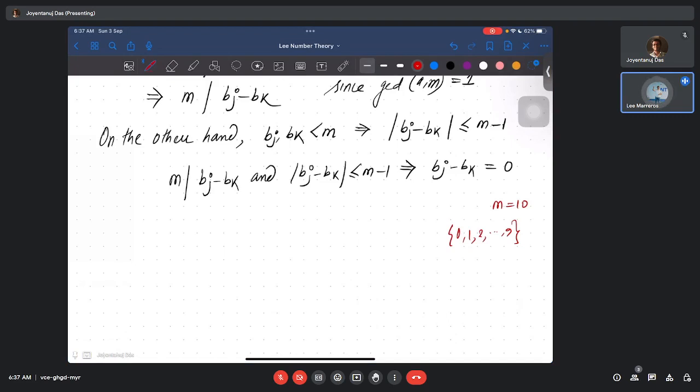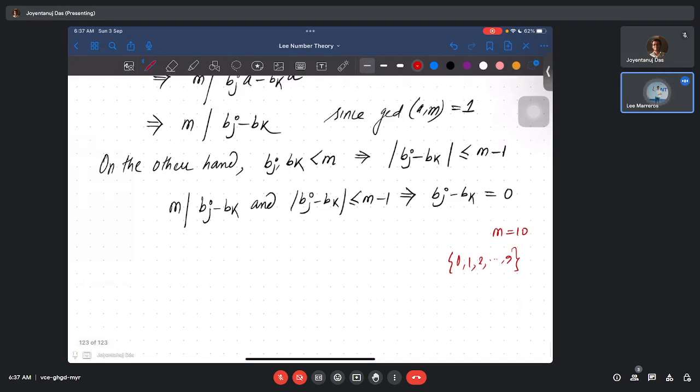I see. You're saying because Bj and Bk are less than M, the difference must be strictly less than M, so that is less than or equal to M minus 1.